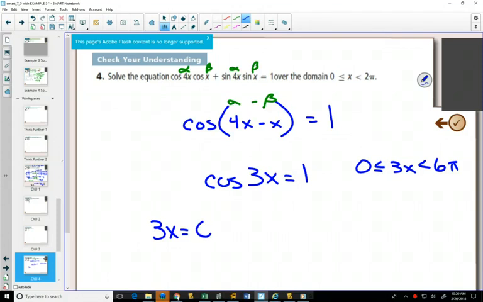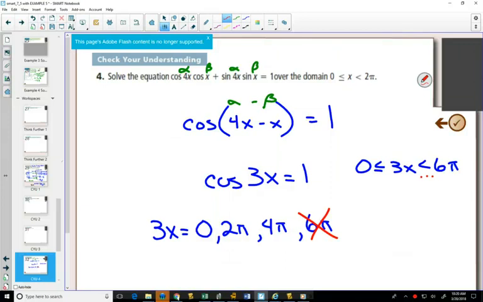Well, it's at 0 and 2 pi. That's the first time around. The second time around, it'll be coterminal and also at 4 pi. The third time around, it would include 6 pi. Here, I'm going to check my domain again. Notice there was no equal sign with the 6 pi, so that one went too far.